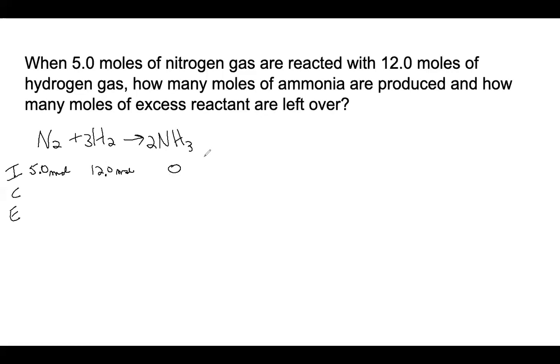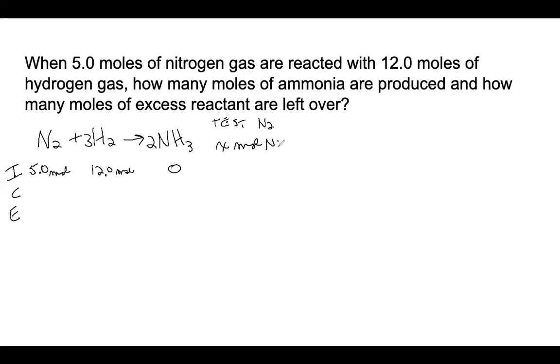Sometimes you don't need to do this with mole ratio, but we're going to do it that way because sometimes the coefficients and the numbers can be tricky. So we're going to test the nitrogen to see how much ammonia we would get if we used up all the nitrogen. So this is just simple mole ratio.